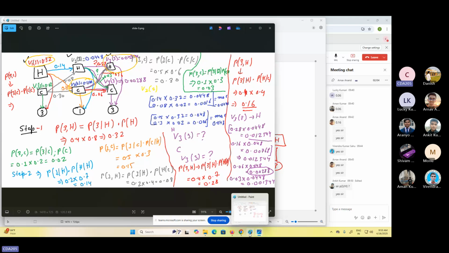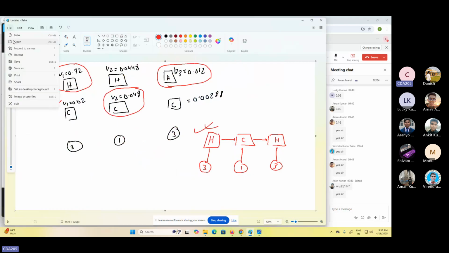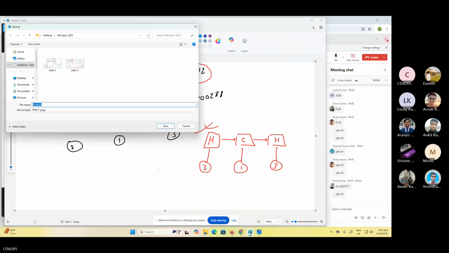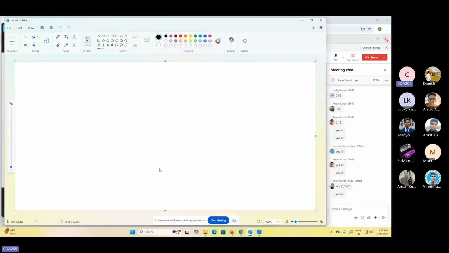See, again, I am telling the concept, what is happening. How we are solving the problem, so try to understand this. See, this is one condition H, this is one condition H, and this is one condition H. This is one condition C, this is one condition C, and this is one condition C. This is 3, this is 1, this is 3.